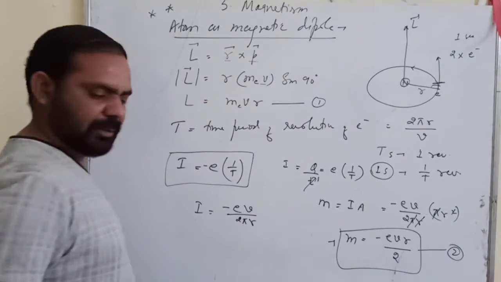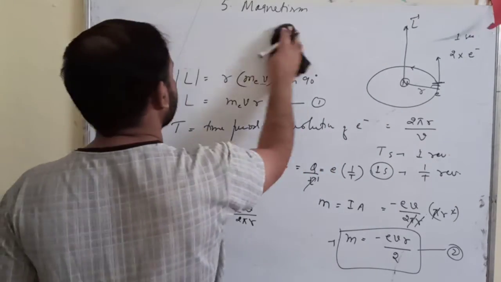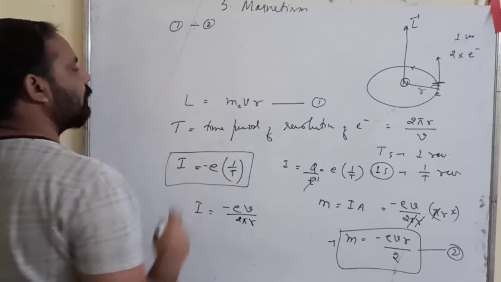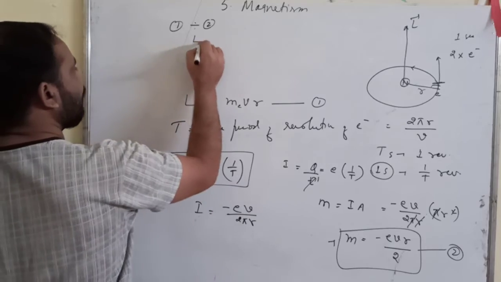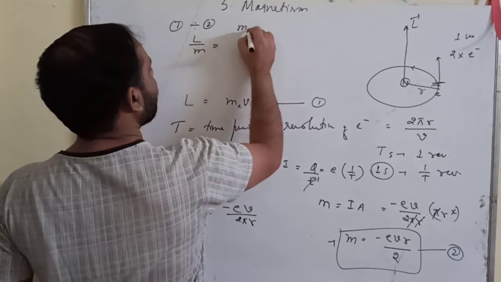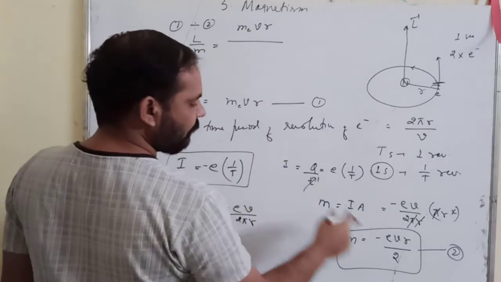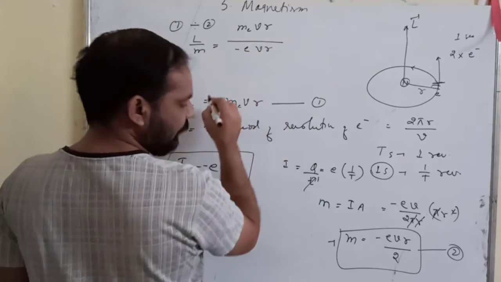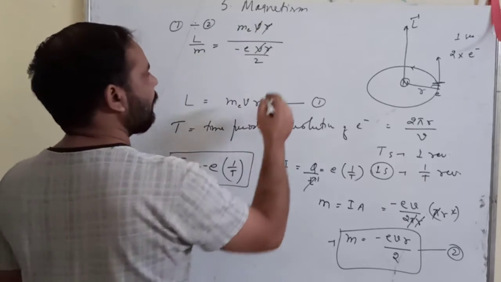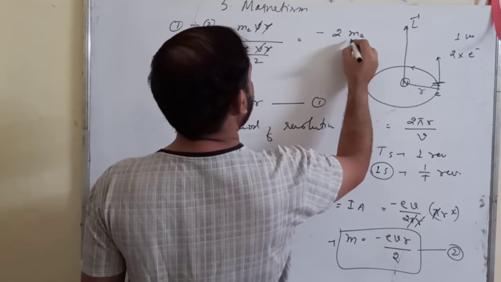So you have two expressions. Dividing 1 by 2, L upon M is equal to m e v r upon minus e v r upon 2. This v r will cancel and you get minus 2 m e upon e.